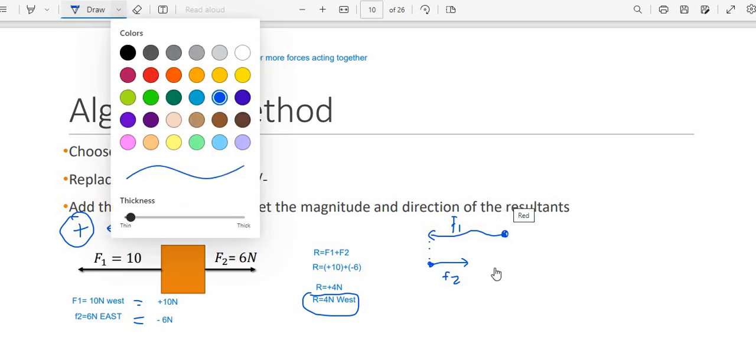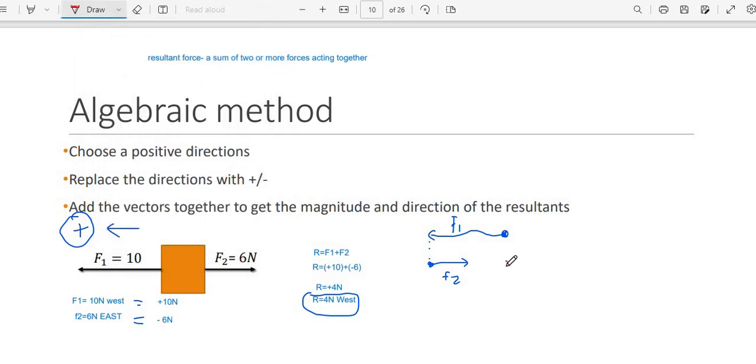We drew the resultant from the tail of the first vector drawn to the head of the last vector drawn. So if I were to do that, sketch the vector diagram, not drawn to scale, from the vector diagram sketch, we still obtain the same information about the direction of the resultant.